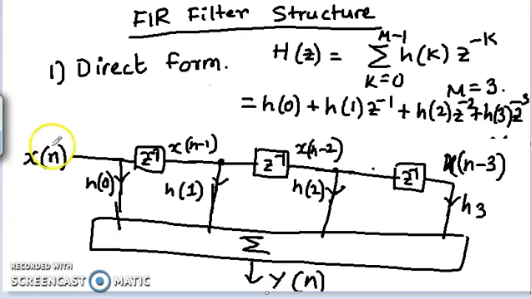Suppose the length of the input is 4 and the length of h is also 4, then it will be 4 plus 4 minus 1. In this way, we can draw the direct form structure of an FIR filter.